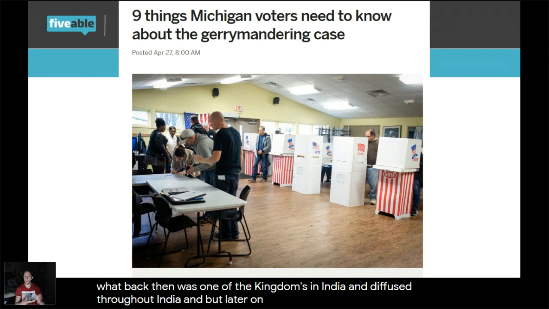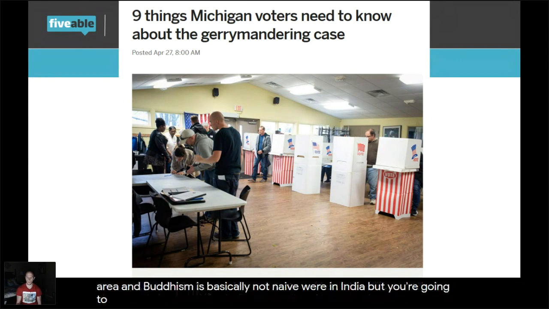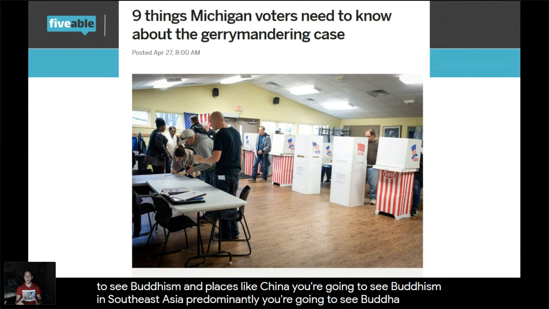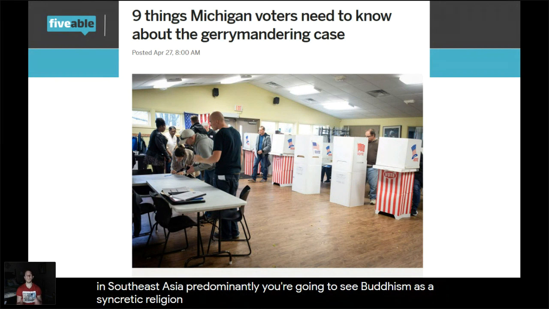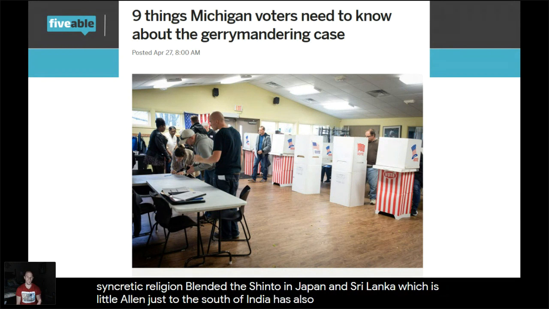But later on, Hinduism kind of rediffused in that area, and Buddhism is basically not anywhere in India. But you're going to see Buddhism in places like China. You're going to see Buddhism in Southeast Asia predominantly. You're going to see Buddhism as a syncretic religion blended with Shinto in Japan, and Sri Lanka, a little island just south of India, is also primarily Buddhist.